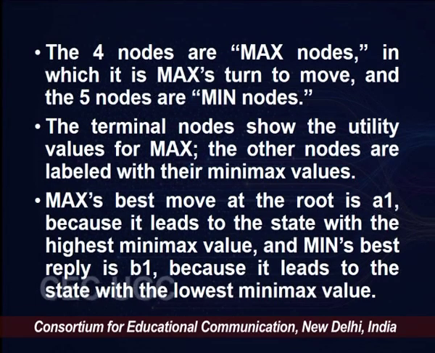Terminal nodes show utility from the perspective of max, and we need to be very careful, because utility values are for max, so that the other nodes can be labeled with their minimax values. So, max's best move at the root is A1 because it leads to the state with the highest minimax value, and min's best reply is B1 because it leads to the state with the lowest minimax value.